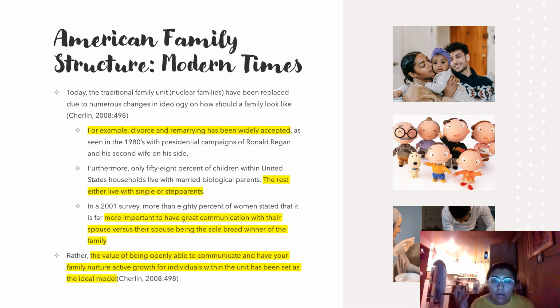Again, when students are listening to this lecture, it should click in their head: there was never an ideal American family structure to begin with. It just depended on the context of that society at that time period, and also factors such as religion, morality, political beliefs, which I'm going to talk about in the next slide.